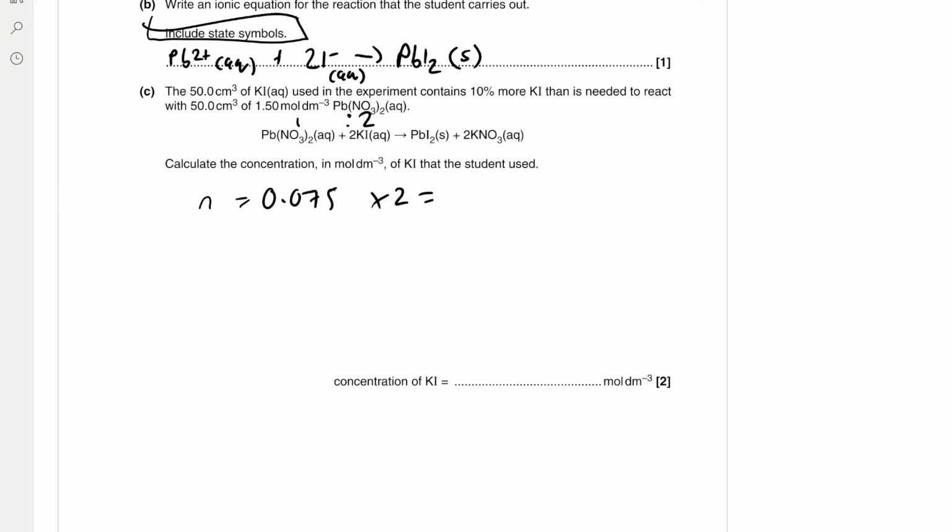So that's 0.075 times 2, which is 0.15 moles, and then we need to find our concentration. Well, 10% more. So we've got 10% more than we need, which is 0.15 moles.